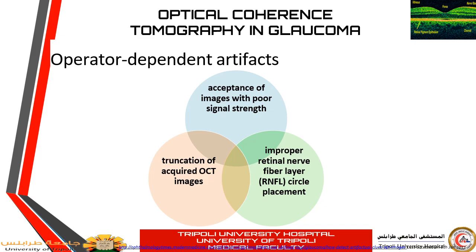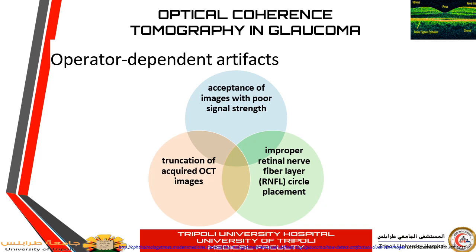Why? Because the OCT is not measuring the thickness of the retinal nerve fibers directly, but it measures it indirectly through measuring the reflectance of the rays from the retina. Based on these signals that are reflected back, it gives you the thickness. There is a direct proportion. If the reflectance rays are good, you will have a good thickness of the retina.